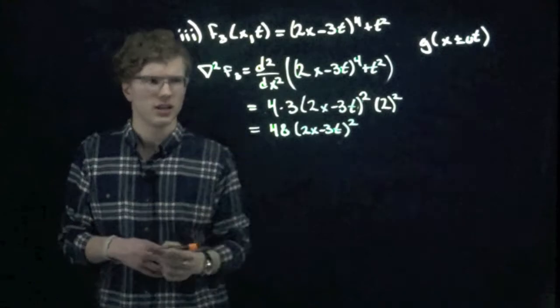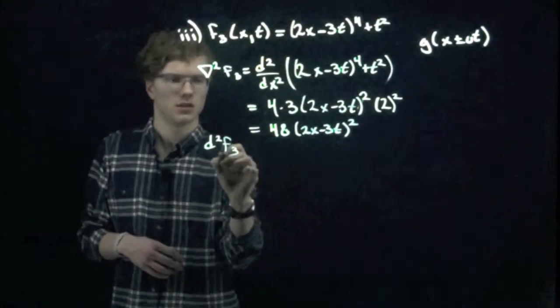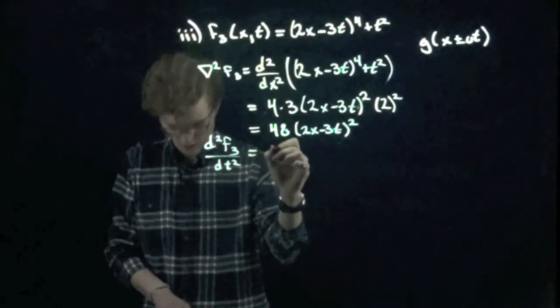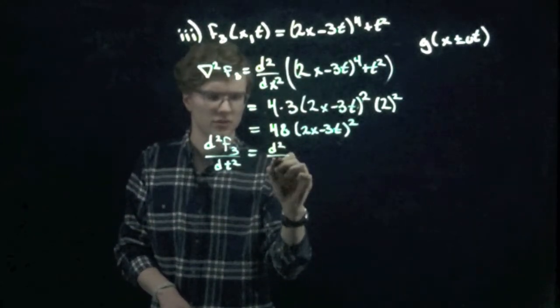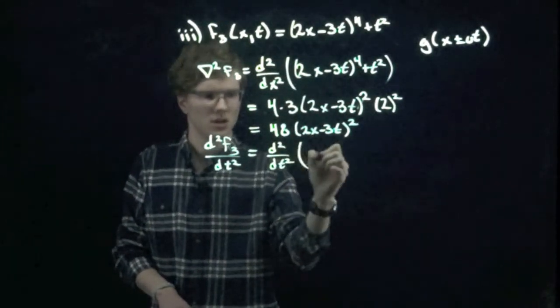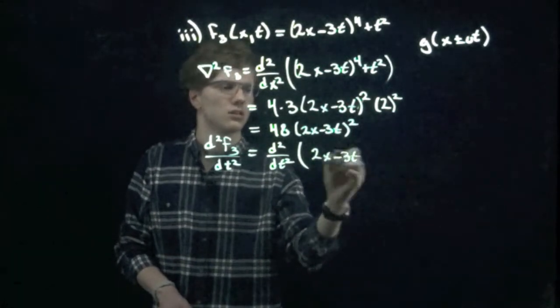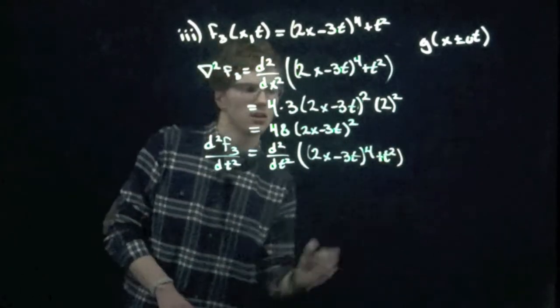Now we need to do the other side again. So we're going to take the double derivative with respect to t of f3, and that's going to be equal to d squared over dt squared of 2x minus 3t all to the power of 4 plus t squared.